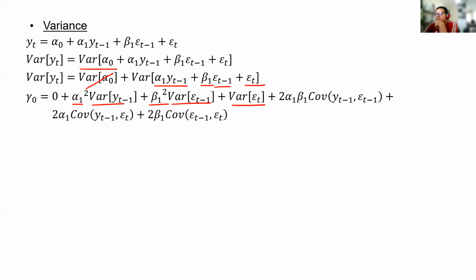term, coefficient, which is 1, squared is 1, so that's good, times variance of that variable. Plus, now we take care of the combinations. The first combination that I'm going to do, it doesn't have to come in this order, is this with this. So 2 times alpha 1, beta 1, times the covariance between yt minus 1 and et minus 1.